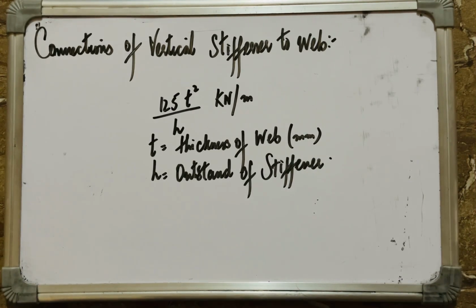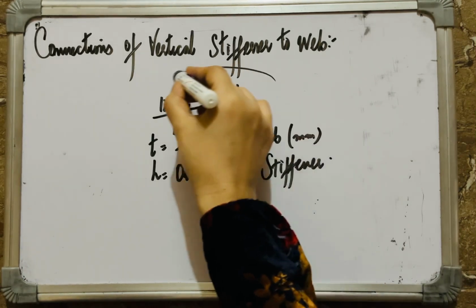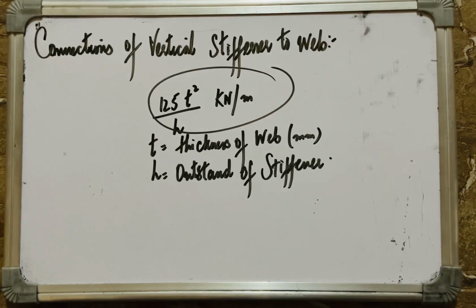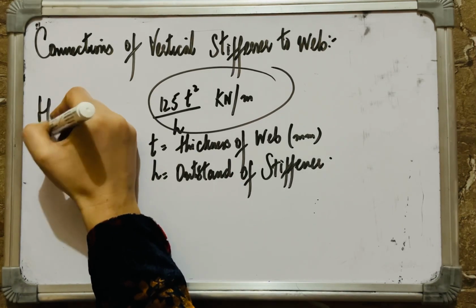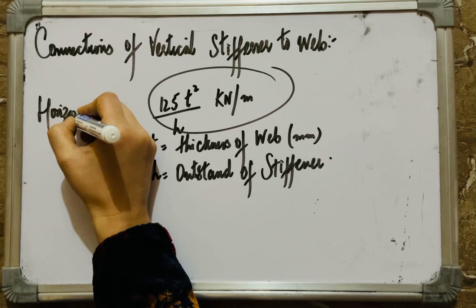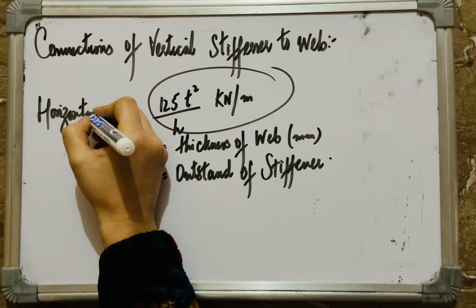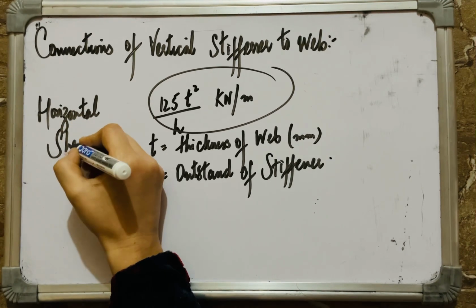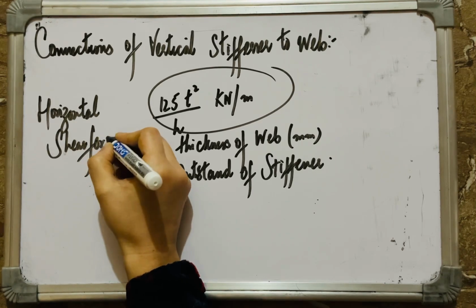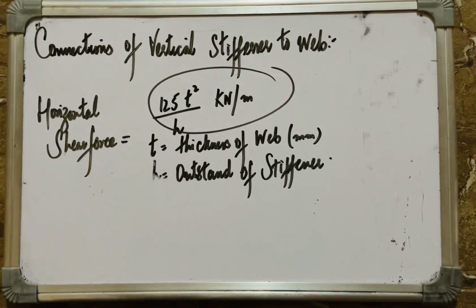The connection of vertical stiffener to web is designed to resist a horizontal shear force of not less than this. So this is the horizontal shear force. So let's design the connection.